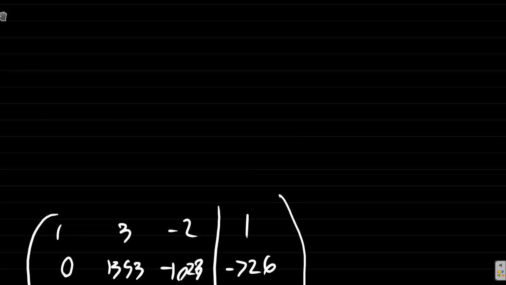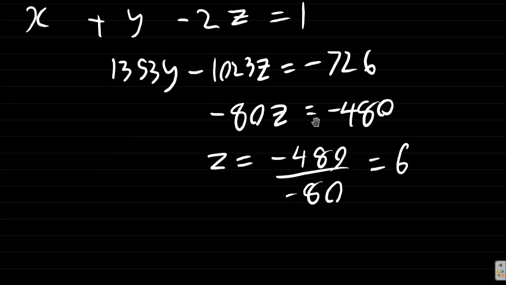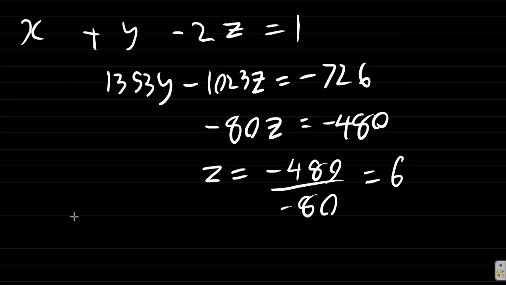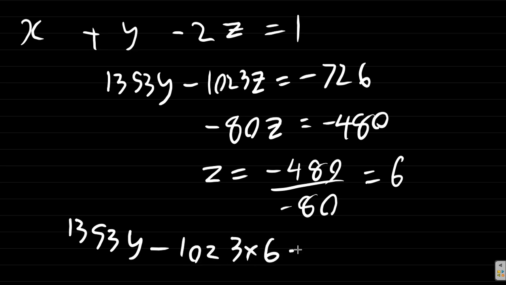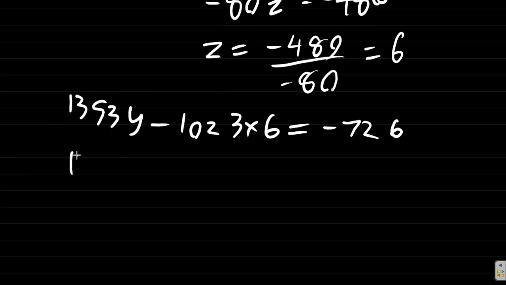Let's write it up here. Z equal 6. We want x equal and y equal. So z is 6. What do we do? We say 1353y minus 1023 times 6 equal negative 726. You see that? So 1353y minus what is 1023 times 6?